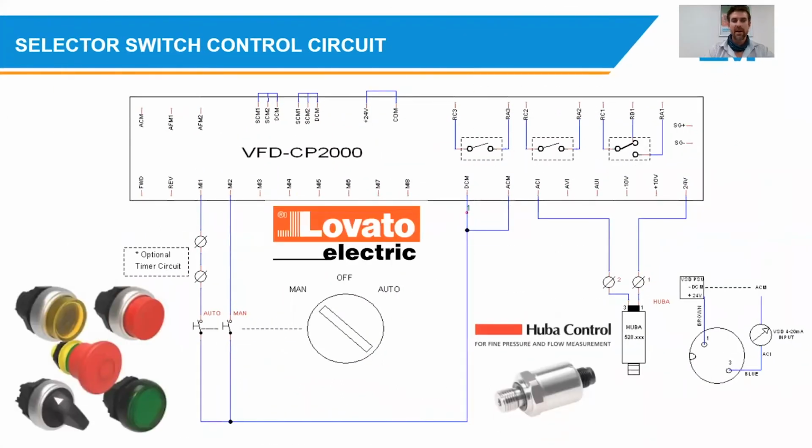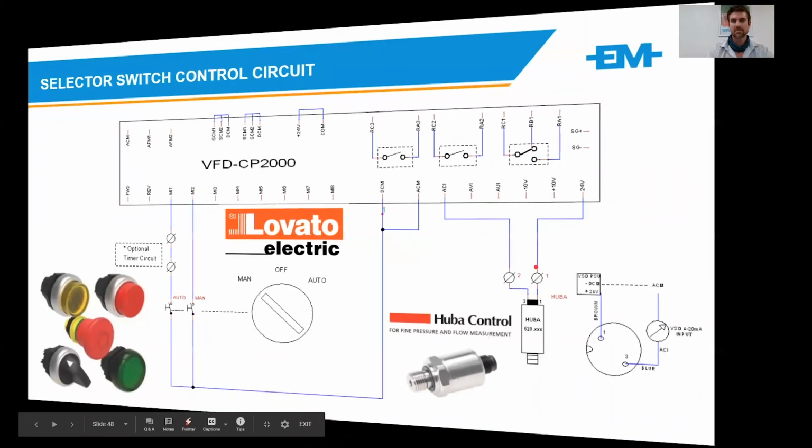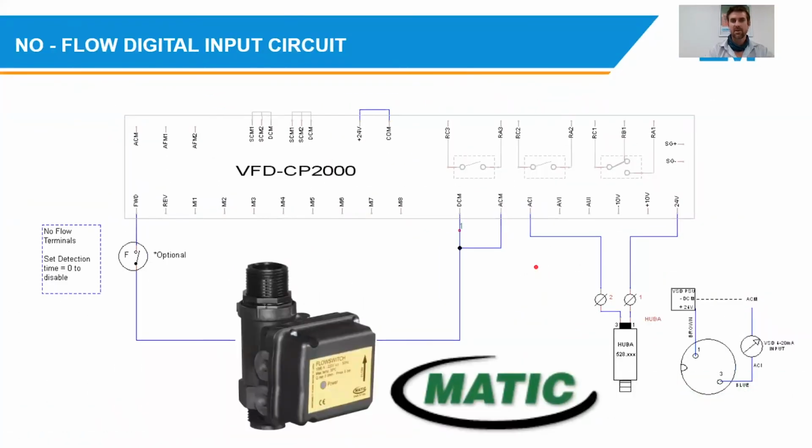For your front panel control and your pressure transmitter, we've got Lovato push button selector switches and pilot lights, and Huber pressure transmitters. And last but not least, we have some flow switch options as well. If you want to use the digital flow switch, we do have some flow switch options from Matic.